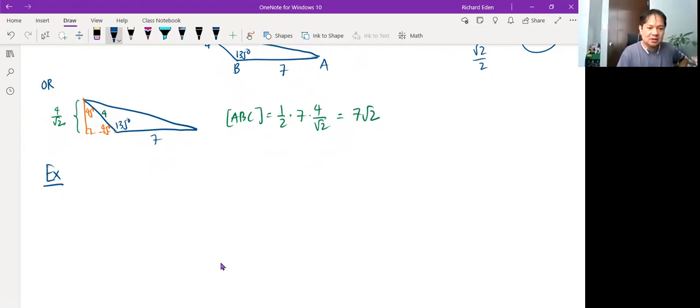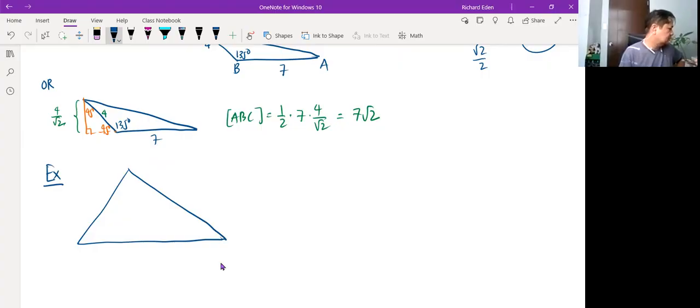Let me just draw the following configuration. P, Q, R. Not drawn to scale, all right?